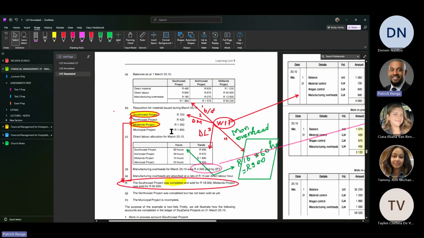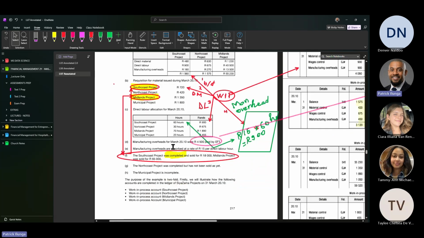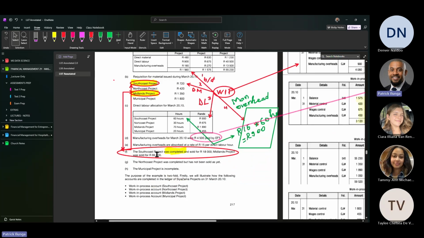Do you think it has any chance of completion in March? Obviously, by the small trend that we are seeing here, maybe this job is not going to be complete in March, because we see projects from the previous month being finalized in the current month, right? And when you read the questionnaire, you will see that the South Coast project was completed.